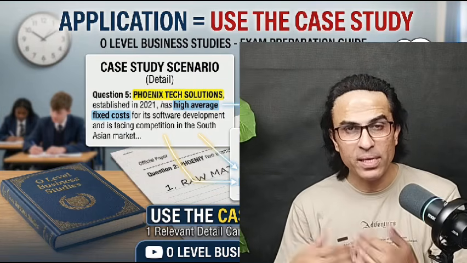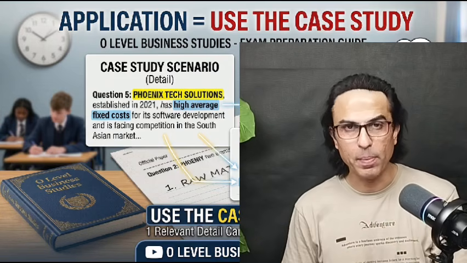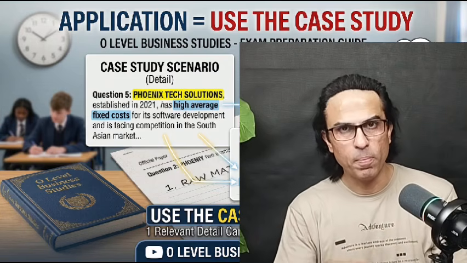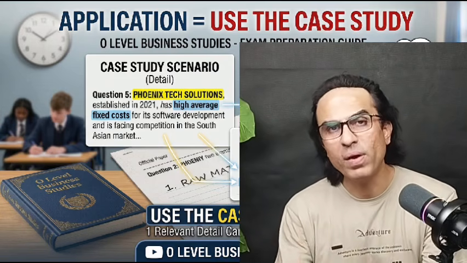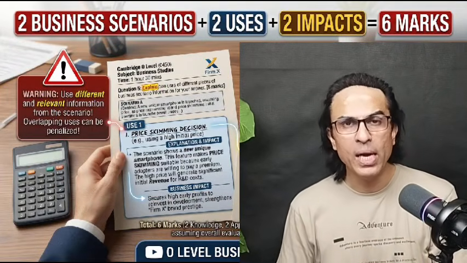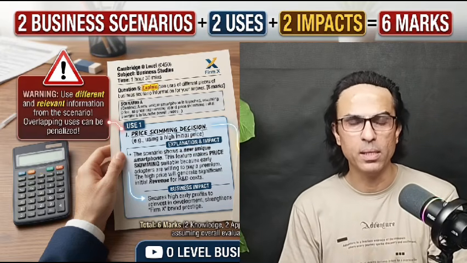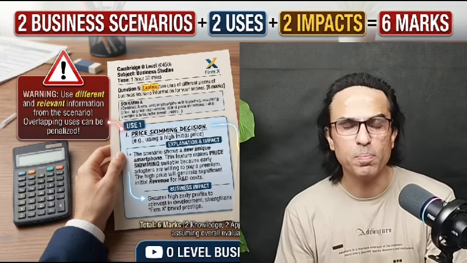Find different words or different pieces of information that can be used for the other segment, that is use 2, right? So for one segment, you will get 1 mark for knowledge, 1 for application, 1 for analysis. Similarly, for the second segment, you will get another mark for knowledge, another for analysis, and another for application. This is how you will be getting 6 marks.